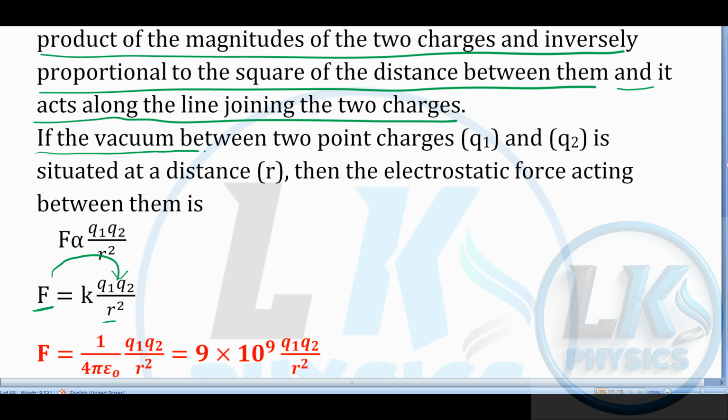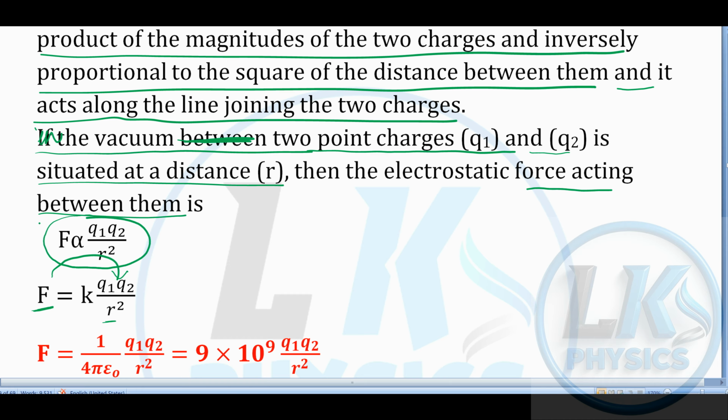In the vacuum, two point charges q1 and q2 are situated at distance r, then the electrostatic force acting between them, according to the statement, can be written as F is directly proportional to q1 q2 upon r square.